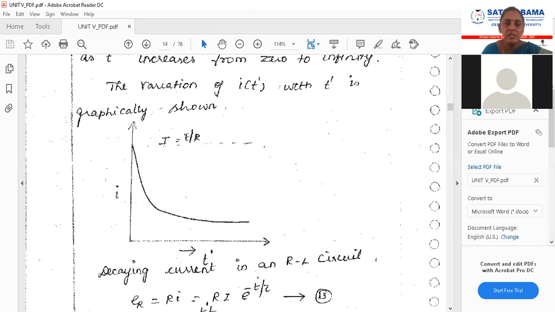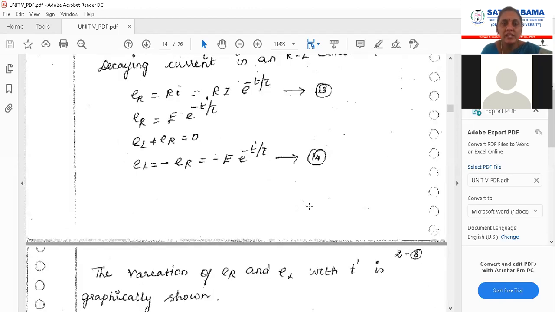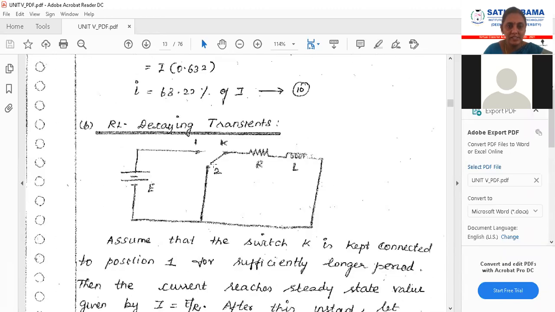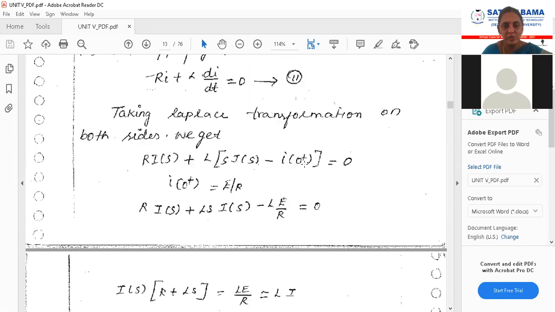Okay, now same way you can calculate the values of voltage across resistance. Voltage across resistance, you know, R into I. Now I we had calculated, just multiply it, you will get the resistance value. And from the circuit, this is the circuit under consideration, the voltage across resistor plus the voltage across inductor will be equal to 0, right?